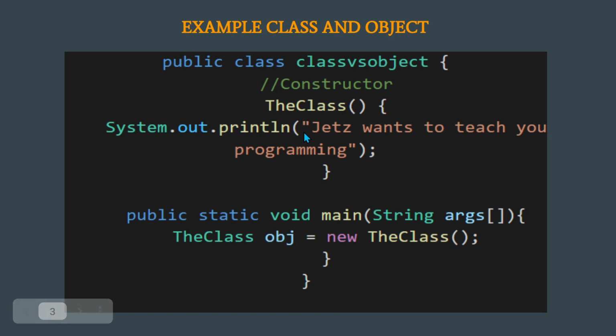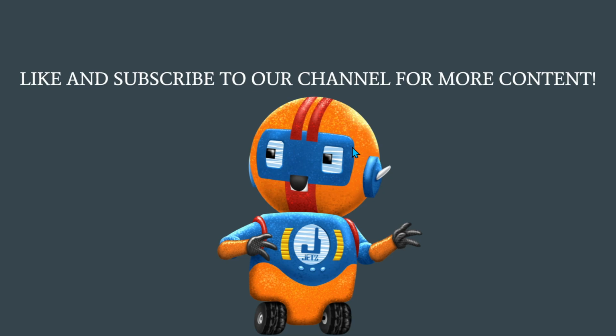And then you have Jets wants to teach you programming, indeed he does want to teach you programming. And then you have your declaration down here of your object with the new keyword, okay. So that's sort of how you can begin to separate them out for your interview or for your class subject, so you know the distinctions between the two.